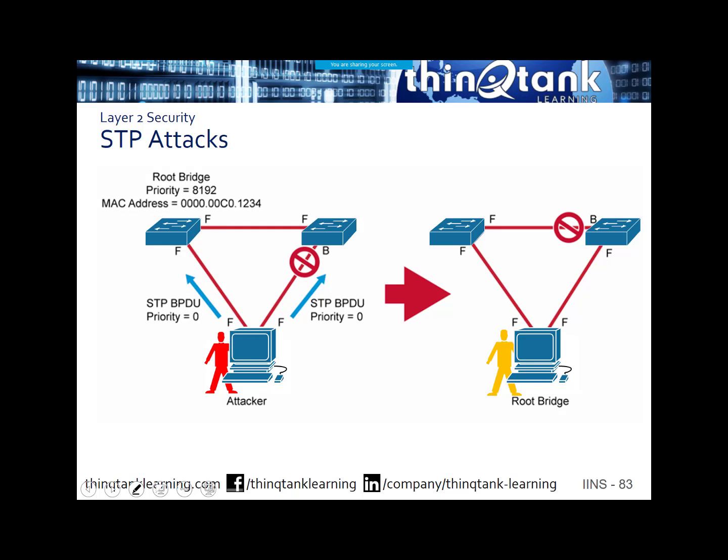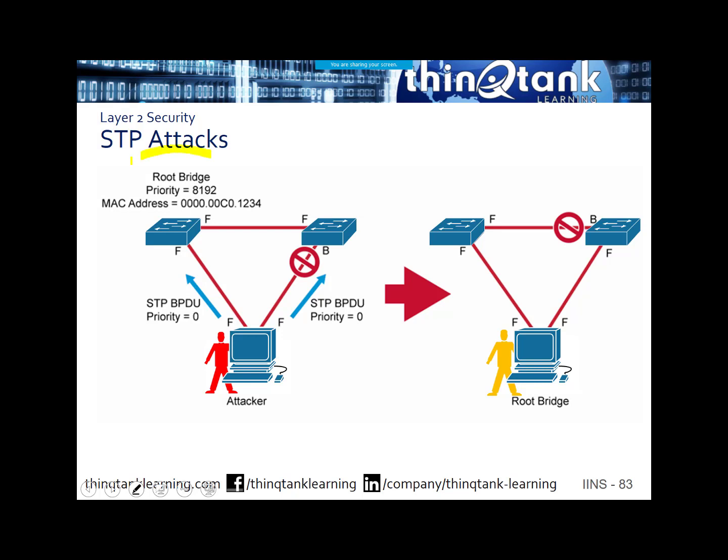All right. Some of the other things we have to concern ourselves with regard to spanning tree are spanning tree topology attacks, where I'm trying to either insert myself as the root of the domain, or otherwise affect what the topology looks like. Here's an example.